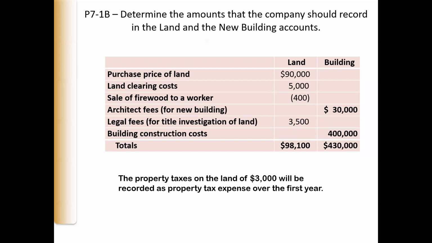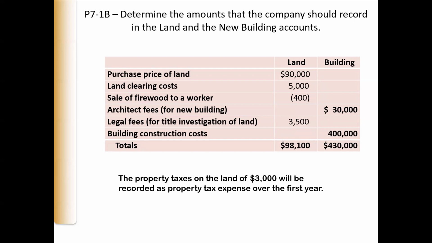So Angel, thank you for taking a step and doing that. So if we break down the land separate from the building, we're going to see the purchase price of the land along with the clearing cost minus the firewood sale plus the legal fees. That amount will be attributed to the land.